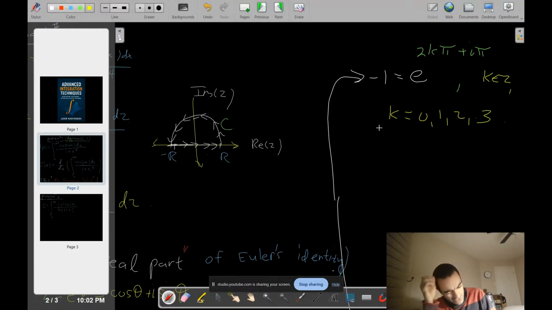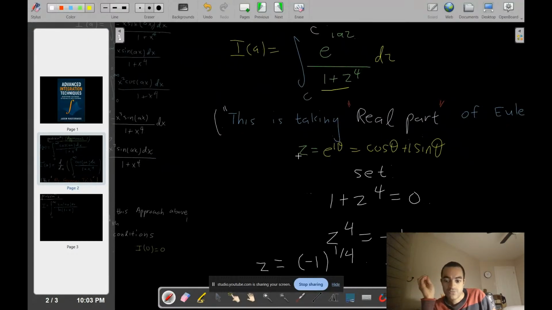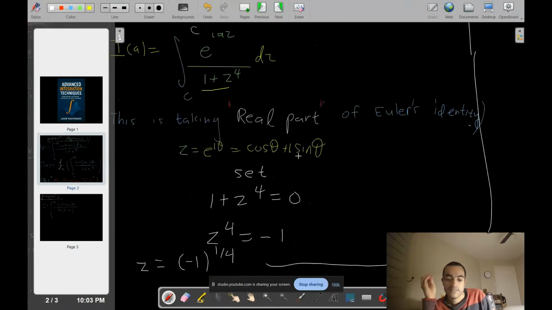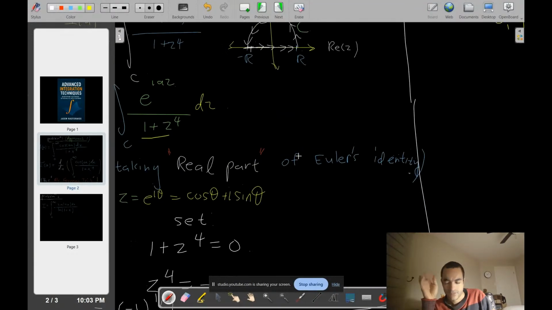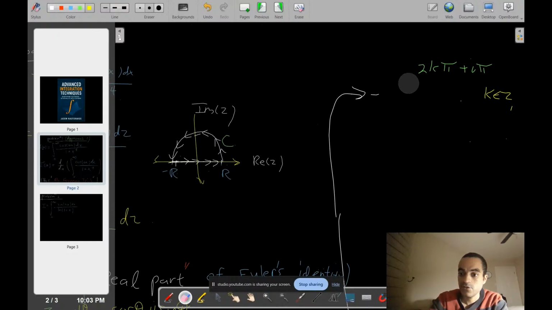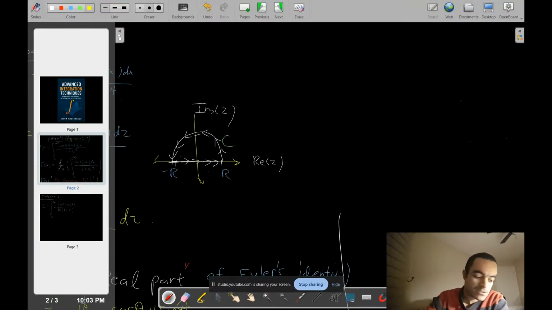This would be e to the 2k pi plus i pi all to the 1/4, because remember z was equal to -1 to the 1/4, and since z is equal to e to the i theta, that's e to the i theta to the 1/4 power. So I made a slight mistake there. Let me just correct myself. By the way, if I make a mistake, please notify me. If I miss something, okay, I just noticed the mistake.